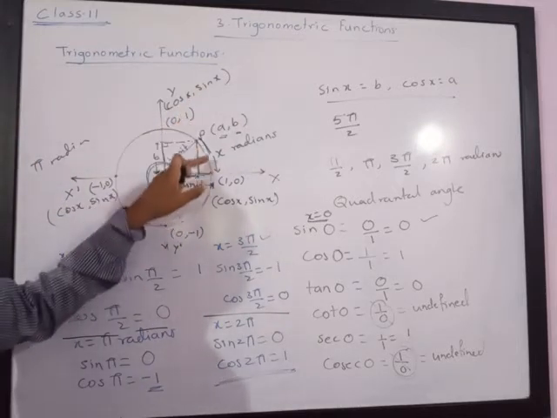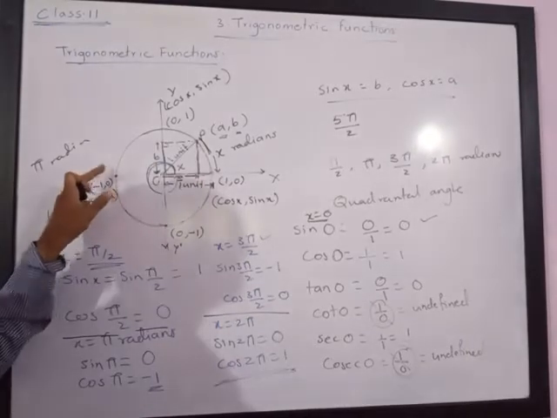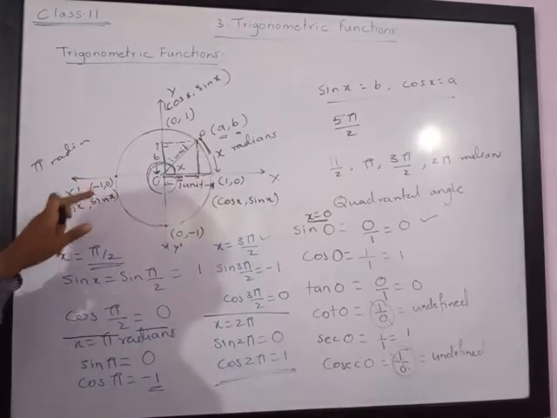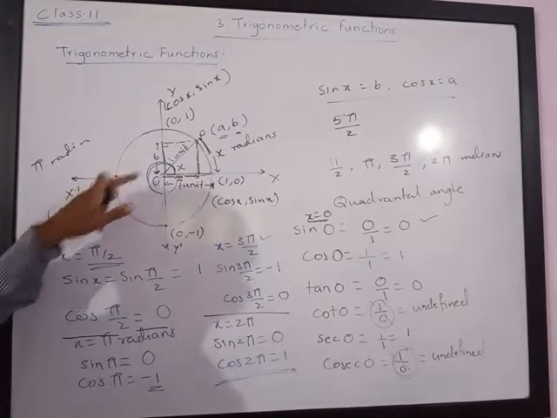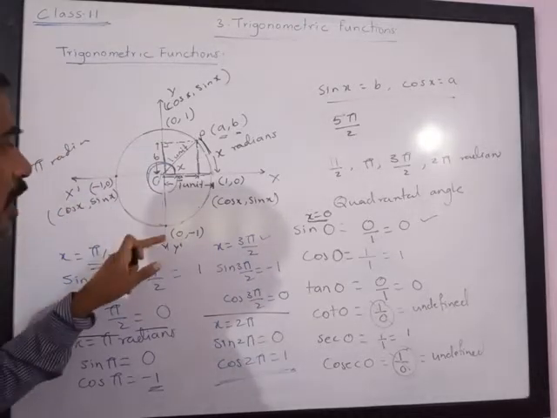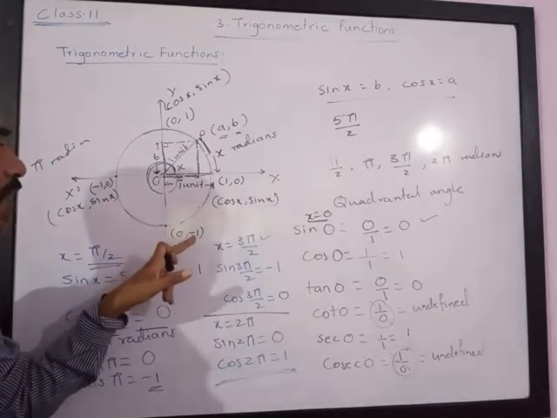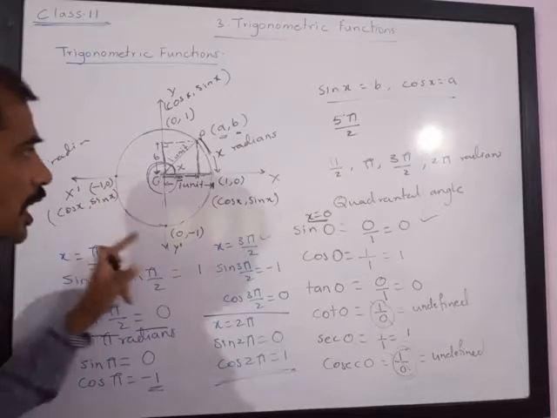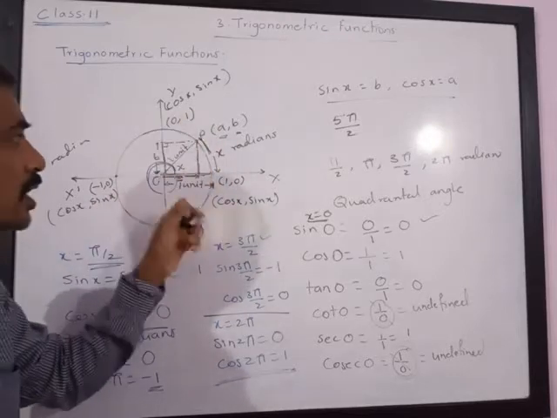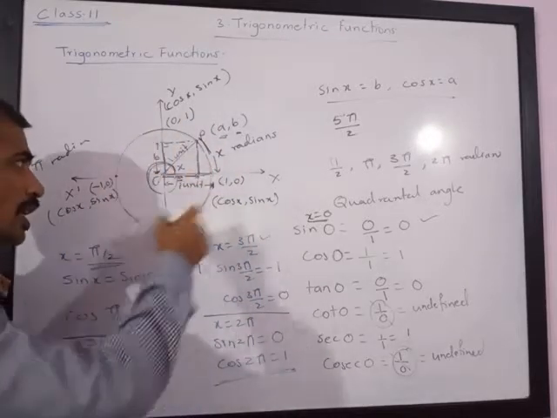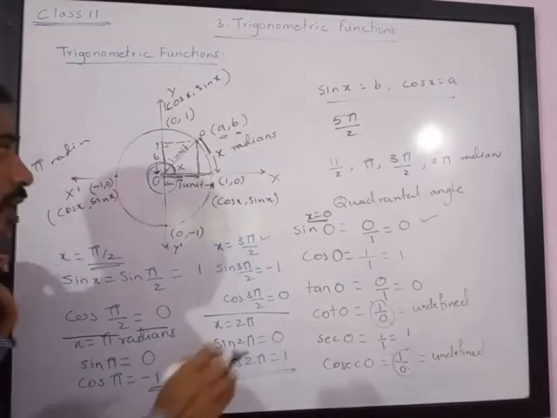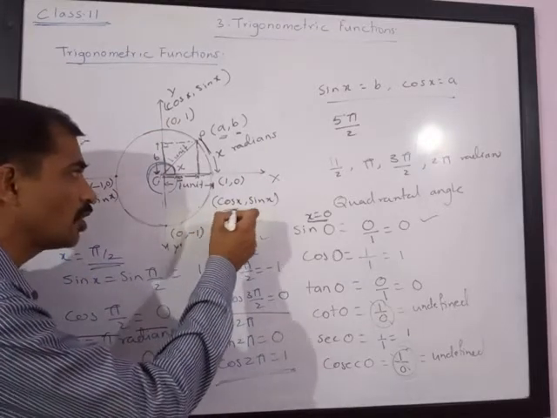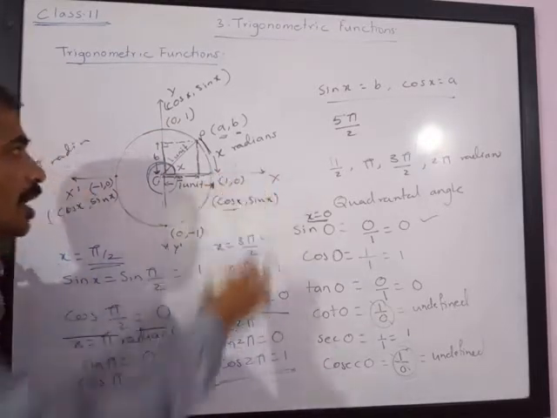At 3 pi, cos x becomes negative 1 and sin x becomes 0. Rotating further, cos x becomes 0 and sin x becomes negative 1. After two circles, that is 720 degrees or 4 pi, cos x becomes 1 and sin x becomes 0.